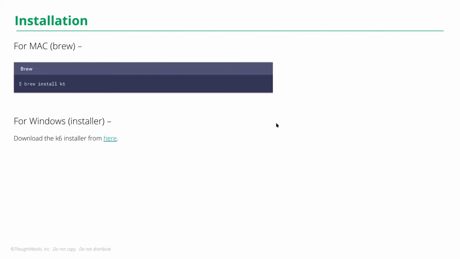There is an installation process in order to install K6. For Mac we can install it by using brew install k6, and for Windows there is an installer. Likewise, the installation process for Linux and CentOS is also documented on the K6 website.